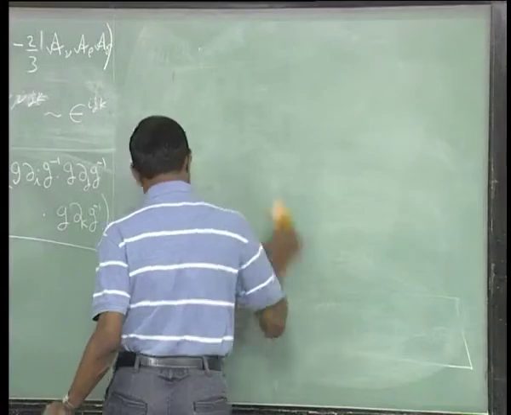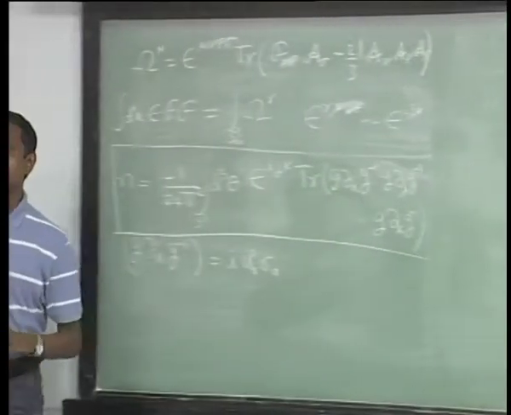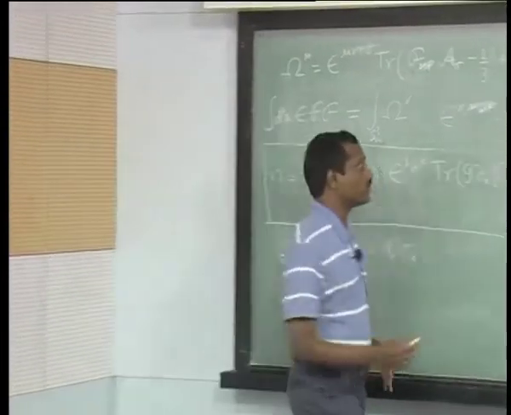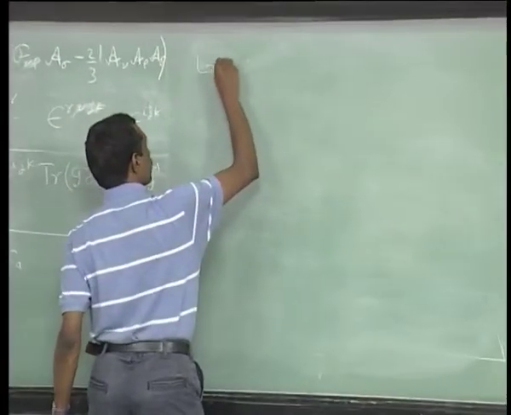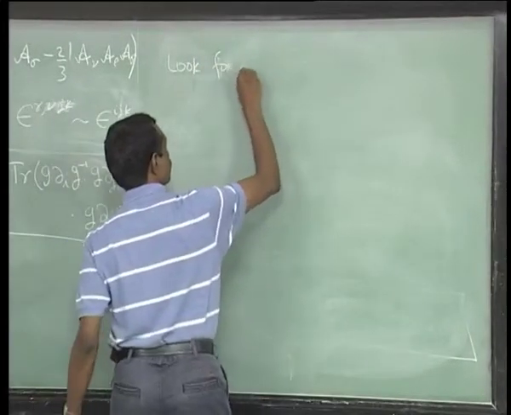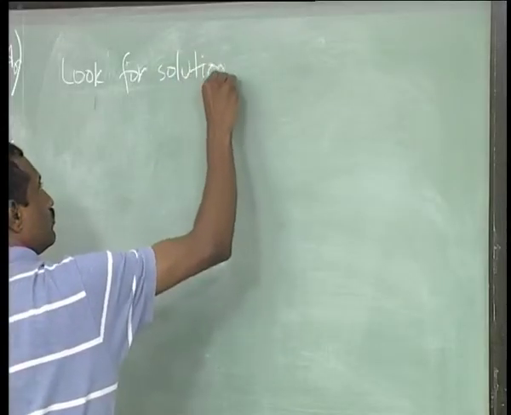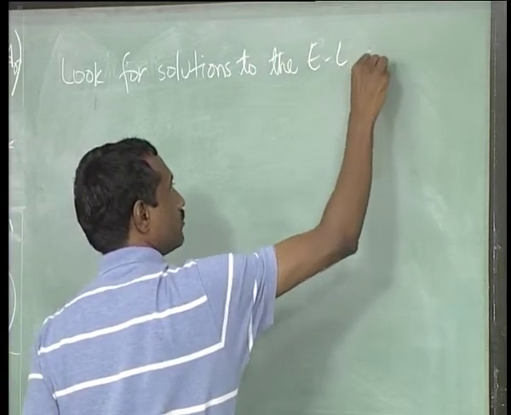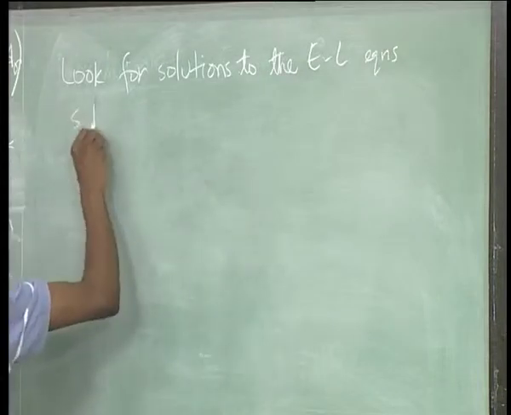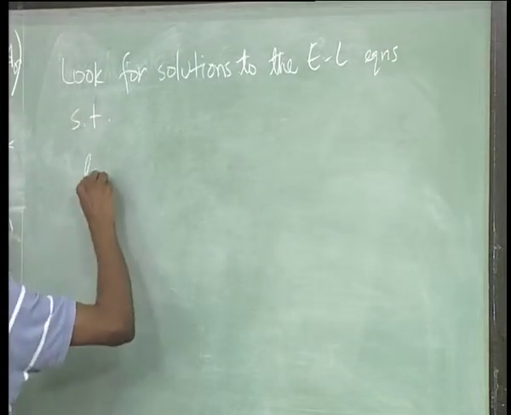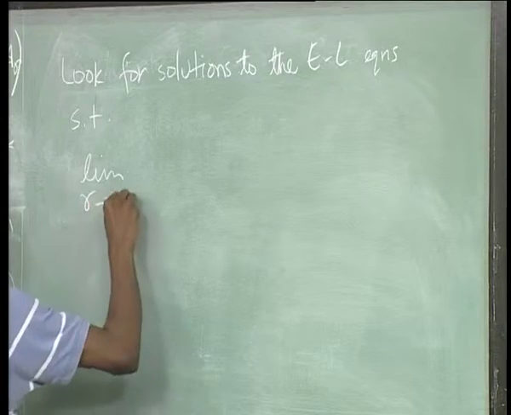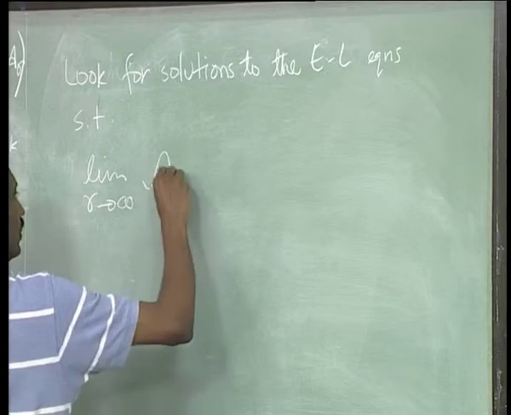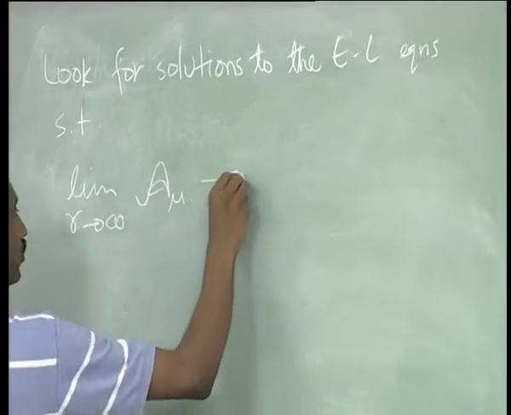So the question now is, can we find the general solution? What we want to do is to look for solutions to the Euler-Lagrange equations of motion such that the limit as r tends to infinity of A mu goes to pure gauge.